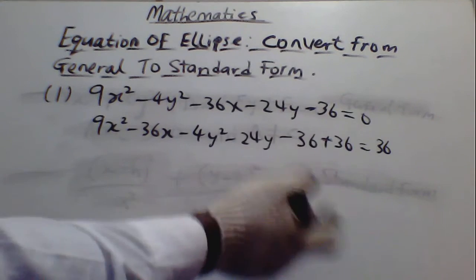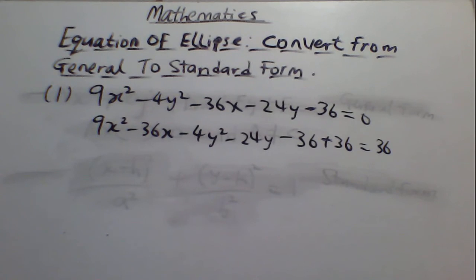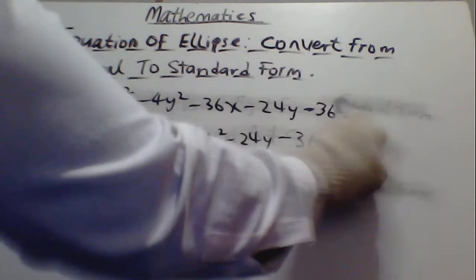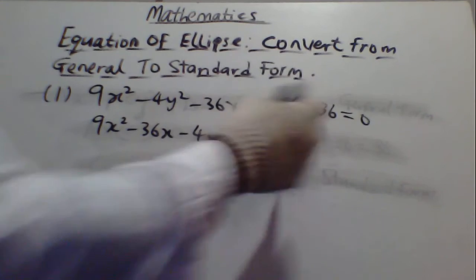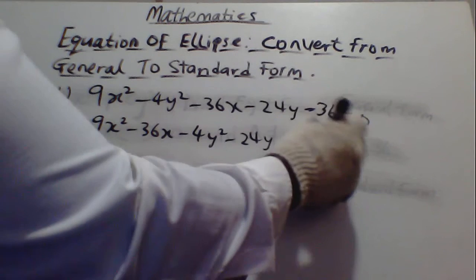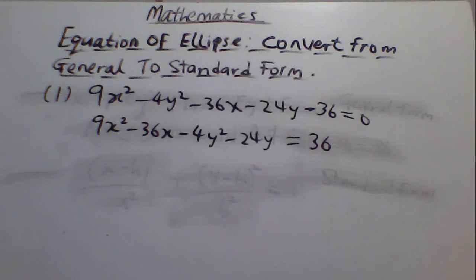In other words, minus 36 crosses the equal sign, and when it crosses the equal sign, the sign changes to positive. Minus 36 crosses the equal sign and gives us plus 36. So this is the first thing.